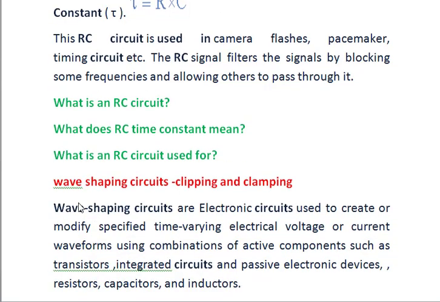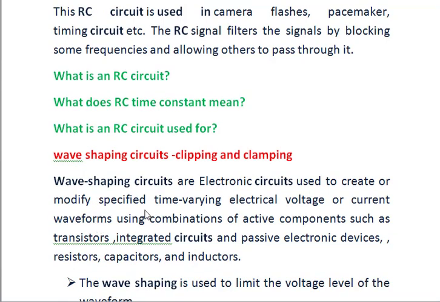Next we go to wave shaping circuits, that is, clipping and clamping. Wave shaping circuits are electronic circuits used to change the time-varying electrical voltage or input waveform using passive and active components like transistors, ICs, resistors, capacitors, and inductors.